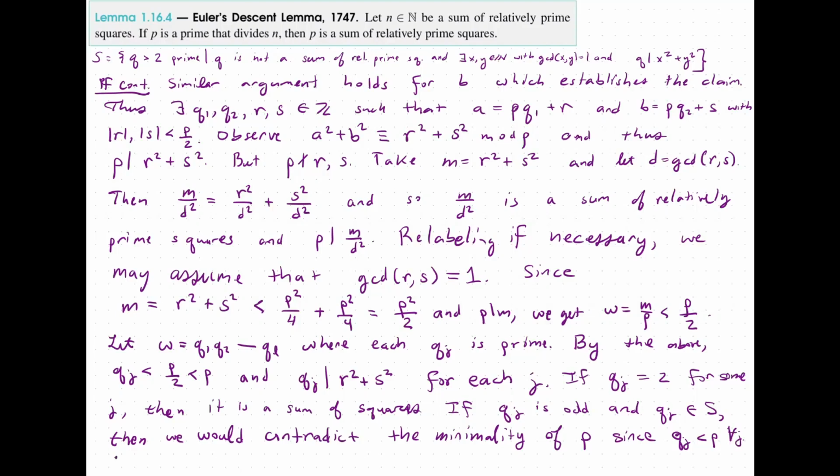So consequently, Qj is not in S whenever Qj is odd. So thus, each Qj is a sum of relatively prime squares.